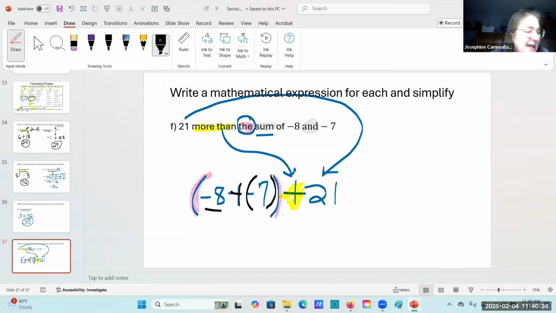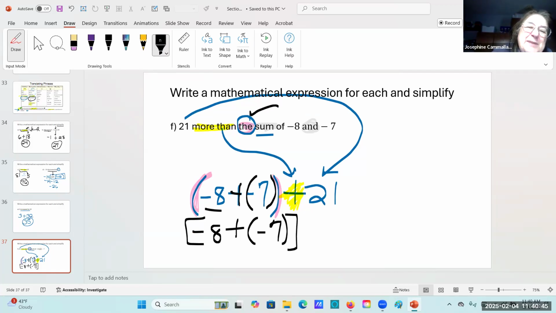Now, sometimes they do a -7, or they've written it like this. I've got grouping symbols. This means group.